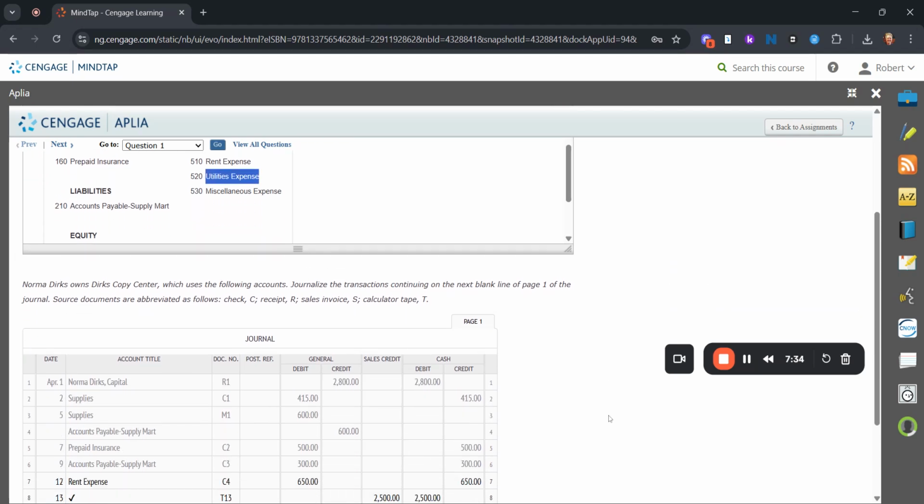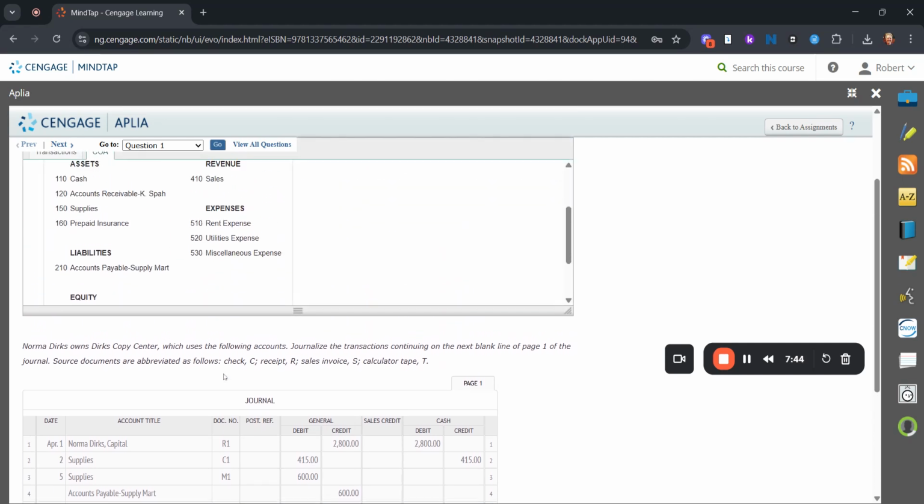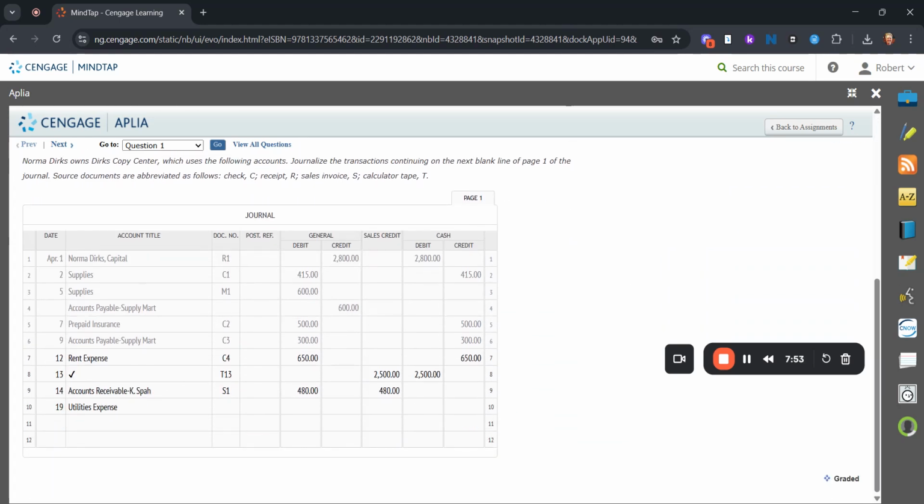So this one, utilities expense. And check 5, $220, C5.